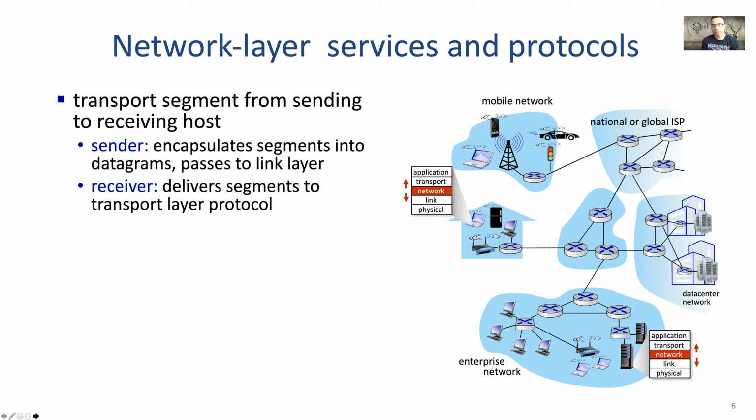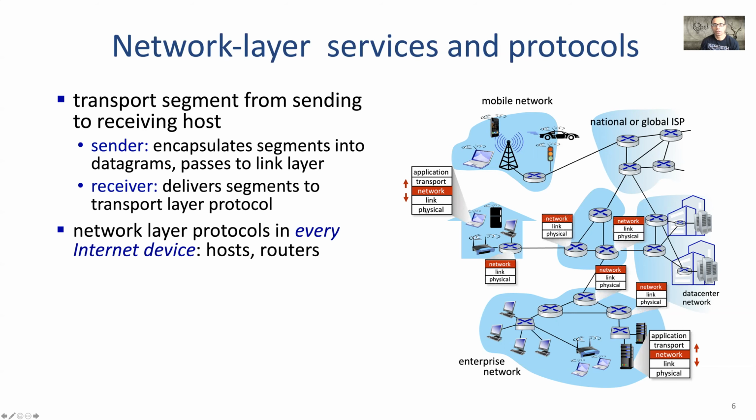So just a bit of context, what does the network layer provide? Well, it's running below the transport layer. So as you see there, the two endpoints generate the transport layer segments, be it TCP, be it UDP. On the sending side, the network layer will take this transport layer segment, create a datagram, add certain header fields, and then pass it on to the link layer below.